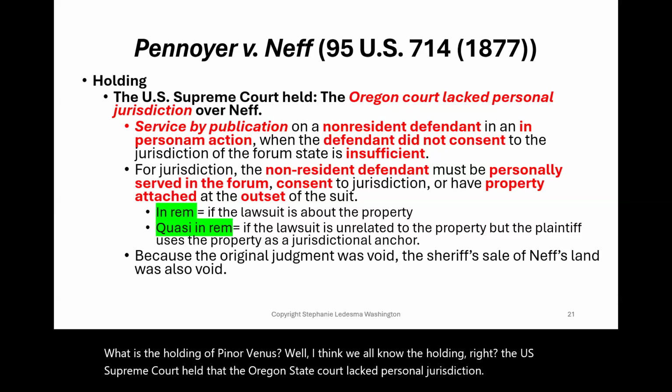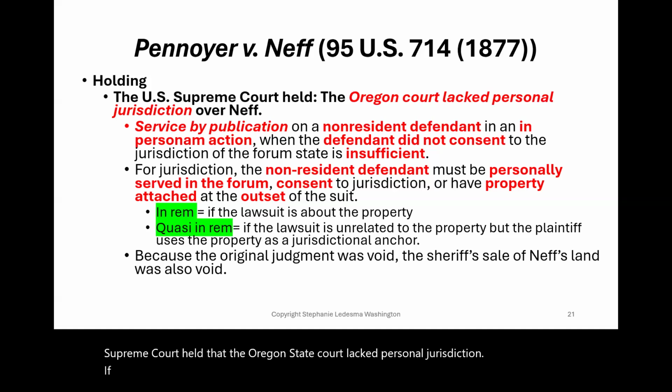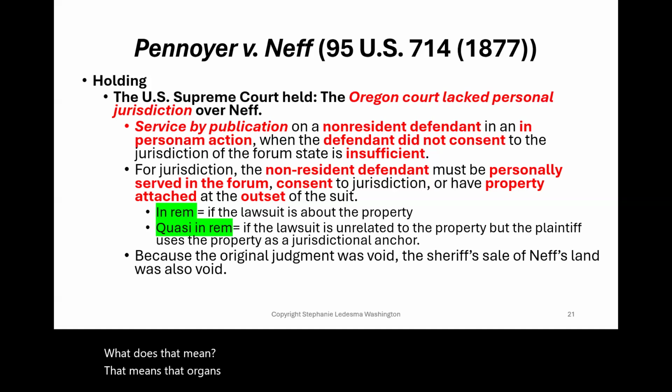If personal jurisdiction is lacking, that's one of the three components for a valid judgment. What does that mean? That means that Oregon's judgment against Neff was invalid. What does that mean? That means that it's void. What does that mean? That means that it's not enforceable and it's inconsistent with the rule of law.